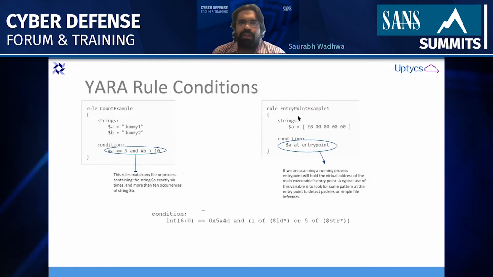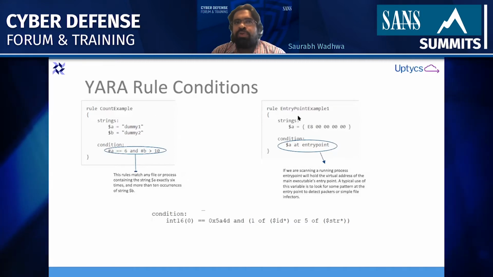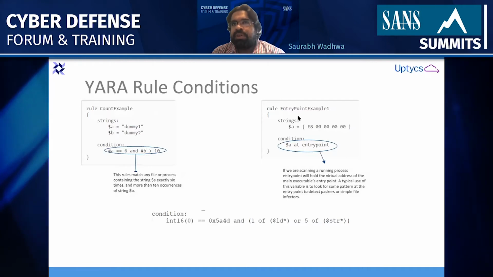I'm just trying to portray more options that we can have when it comes to conditions. On the right-hand side, under the condition section, you will see $A at entry point. Basically, it means the string must be found at the entry point virtual address of the executable.